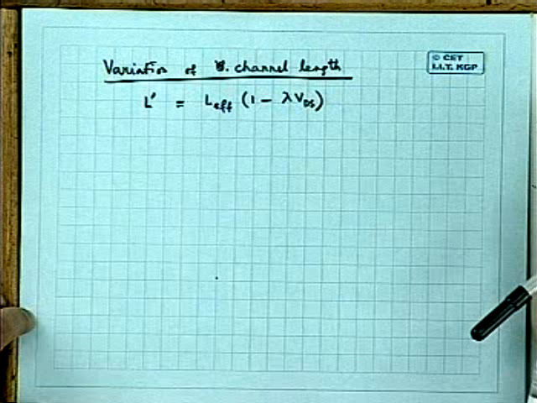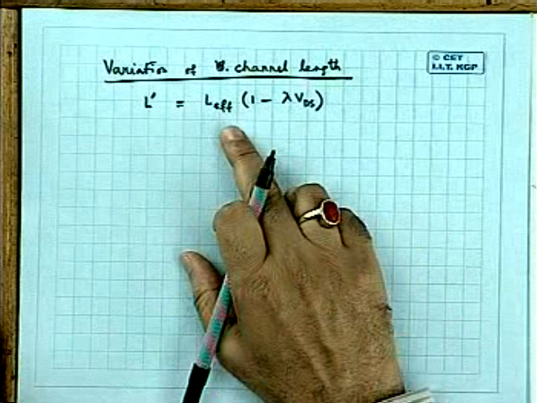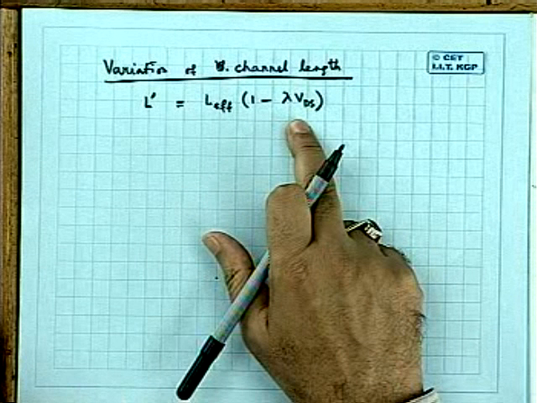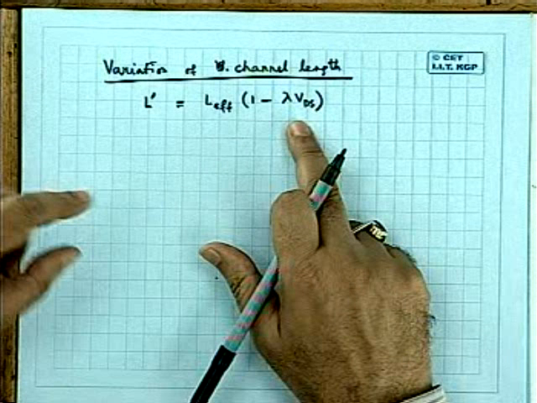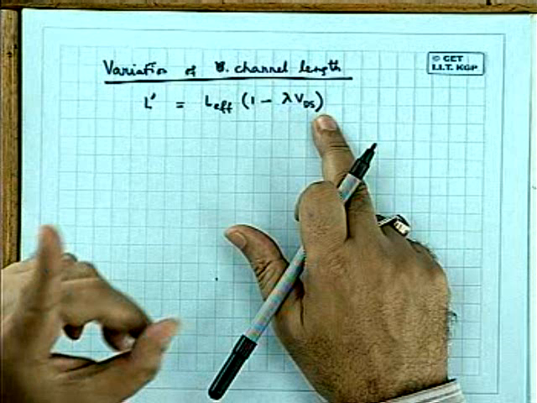You just compare the two equations. Now L effective has been replaced by something in the denominator, 1 minus lambda VDS, isn't it? Instead of writing 1 plus lambda VDS, we are writing W by L effective, or L minus 2xgl, multiplied by 1 minus lambda VDS.